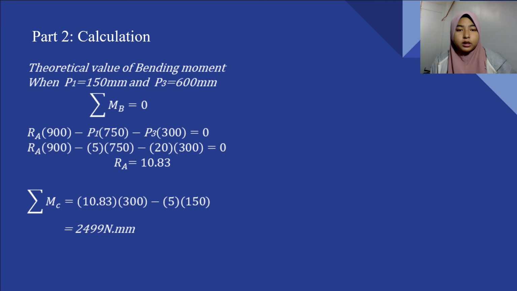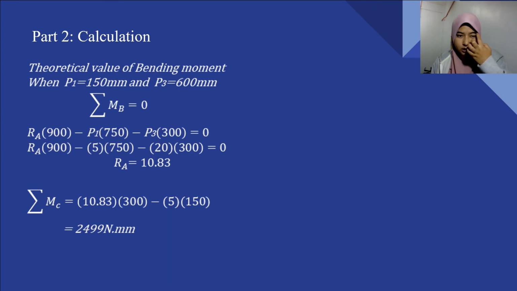Same goes with the third data, when P1 is equal to 100 millimeter, P2 is equal to 600 millimeter. We'll be using the total moment, which is RA multiplied by the original length, which is 900, minus P1, 900 minus 150 millimeter, we get 750 millimeter, minus P3, which is 900 minus 600, we get 300. So RA will be 10.83 Newton.